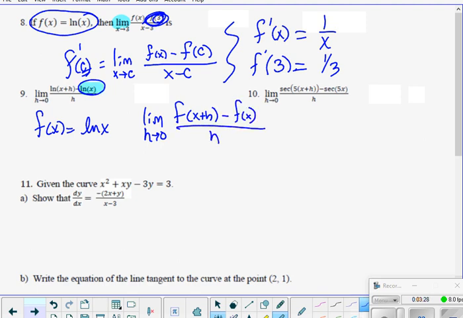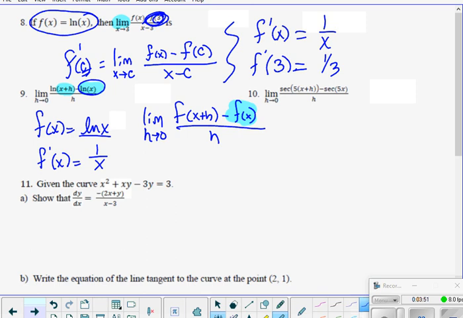So my eyes immediately went to the end sequence where f of x is. I also noticed there's that x plus h. So natural log x must be our function. Then we just need f prime of x, and the derivative of natural log is 1 over x. Easy. This was just a general derivative for number 9, so I don't need to do more.